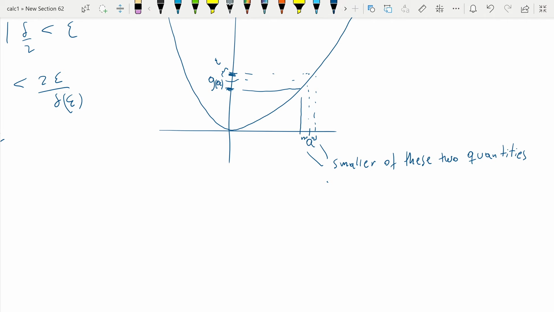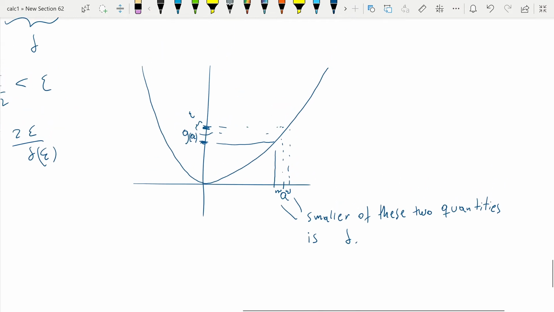But you see that if the function is changing very rapidly, then that delta becomes really small. For instance, over here, for the same epsilon, you have a much wider interval. You have much wider intervals here than on this side.